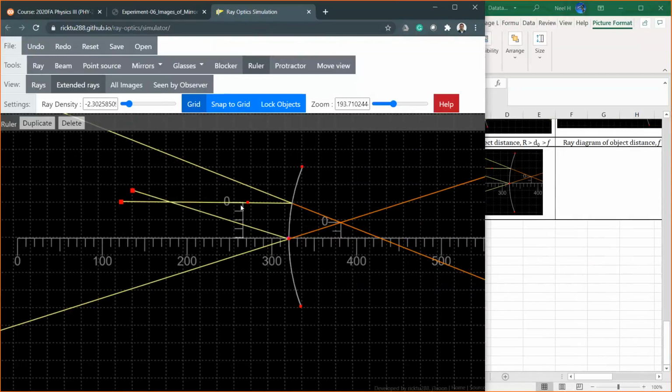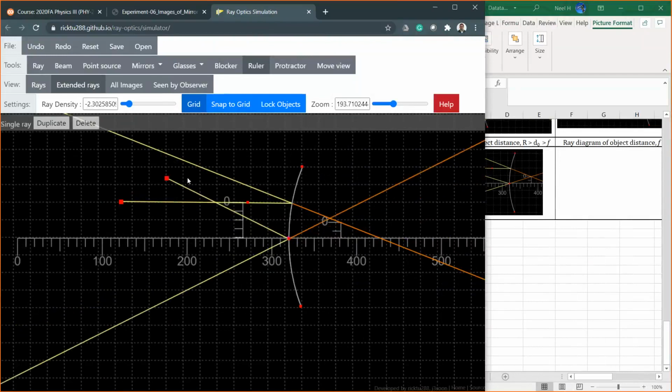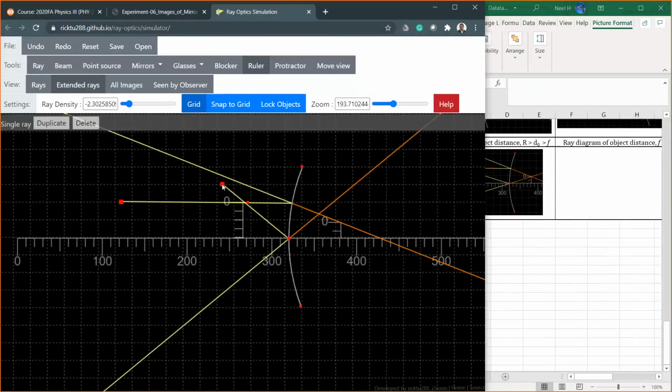You can keep the parallel ray as it is, and then take the other ray coming through the top of the object and hitting exactly on the vertex point. Now you can see the image is a little bit larger in size. You have to click this somewhere and then change the location of that.